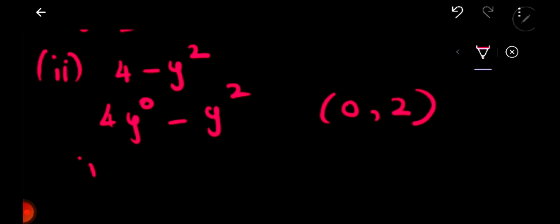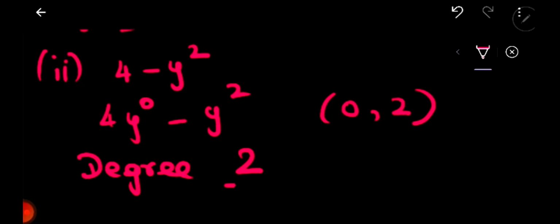So here the power is 0, and here the power of y is 2. So 0 and 2 are the powers of this polynomial. Which is the greatest one, 0 or 2? 2 is the greatest number. So the degree of this polynomial is 2.